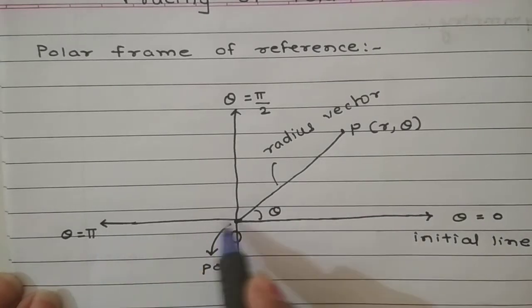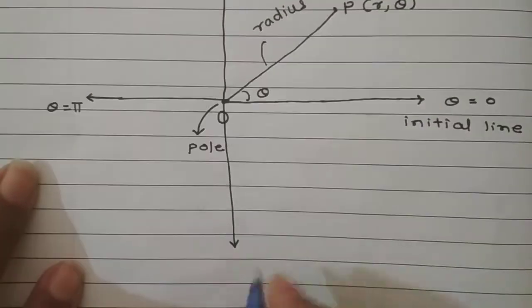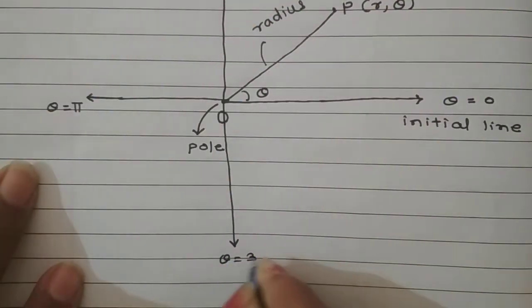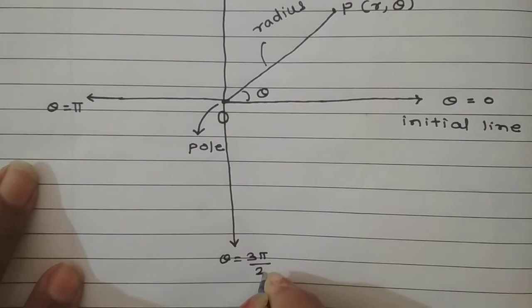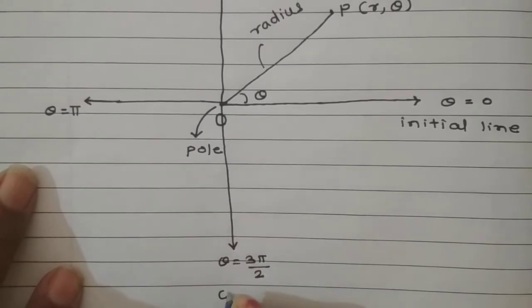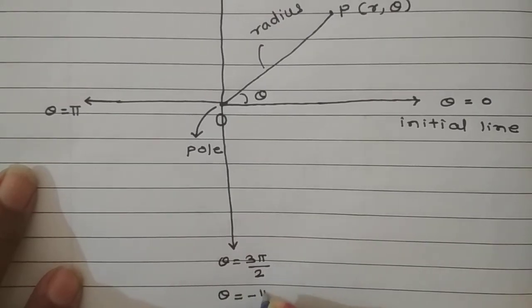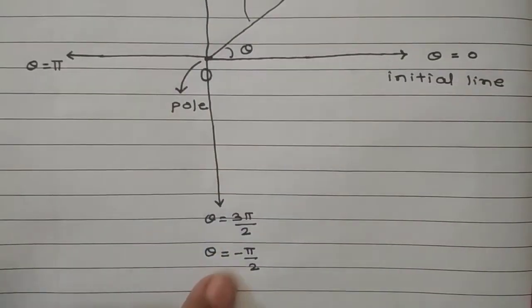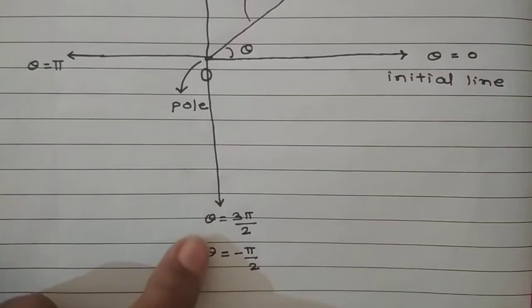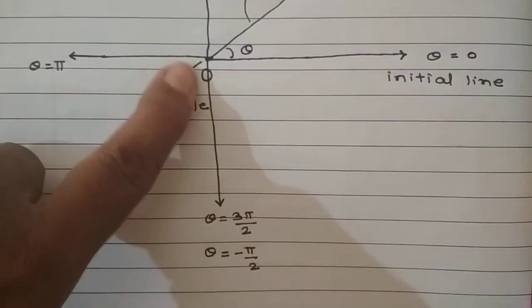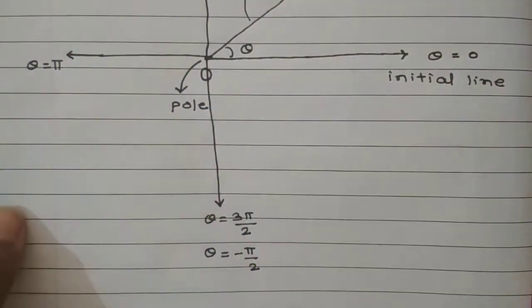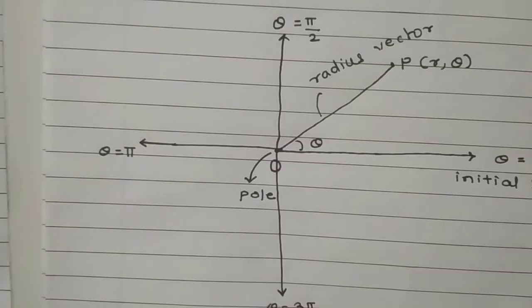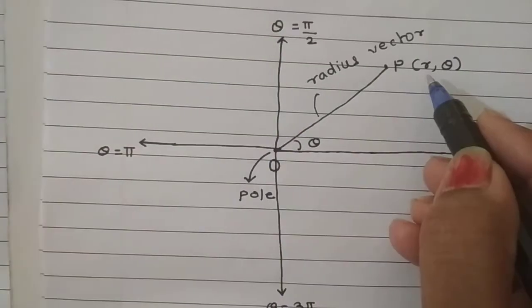Theta equal to pi is the equation of this line, and theta equal to 3 pi by 2, that is 270 degrees, or theta equal to minus pi by 2, is the equation of this line. In that way, we draw the polar system.